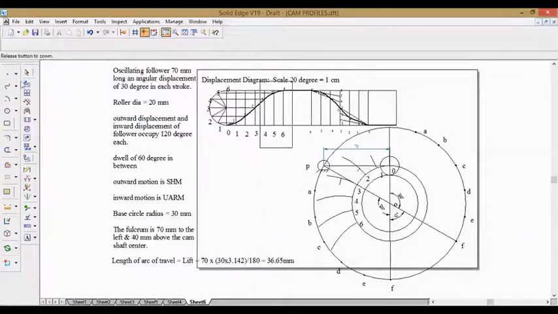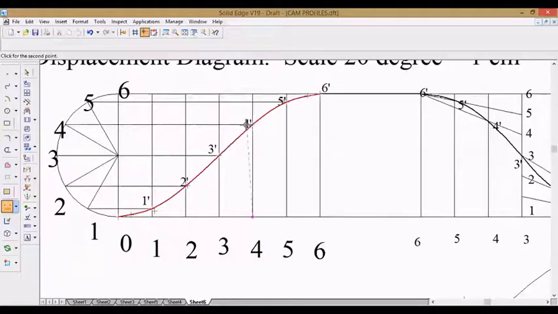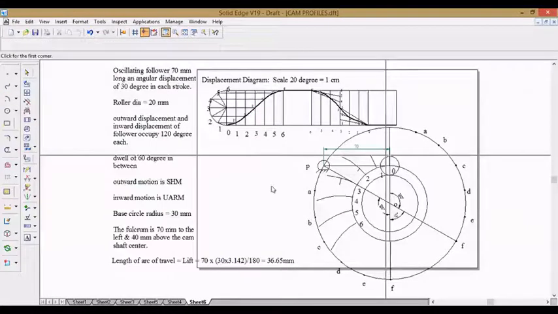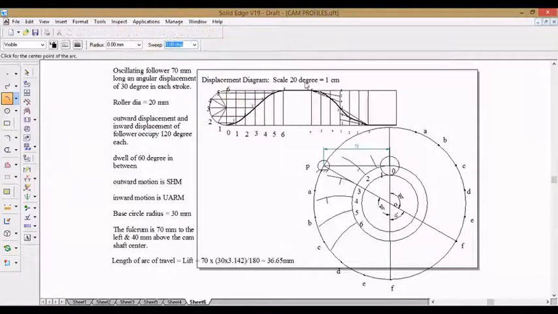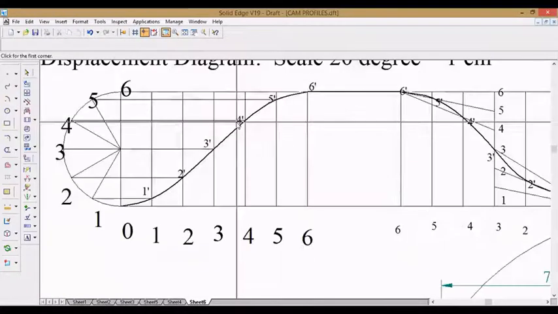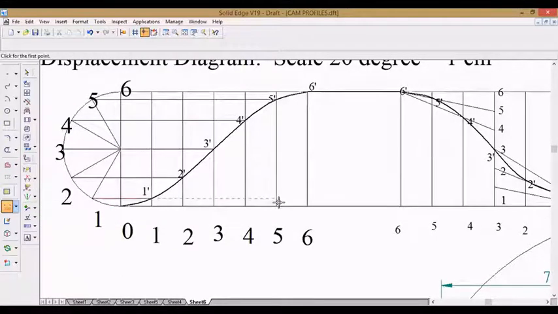Then the distance from 4 to 4 dash, 27.49. Cut an arc to the previously drawn arc. And finally 5 to 5 dash, 34.19.